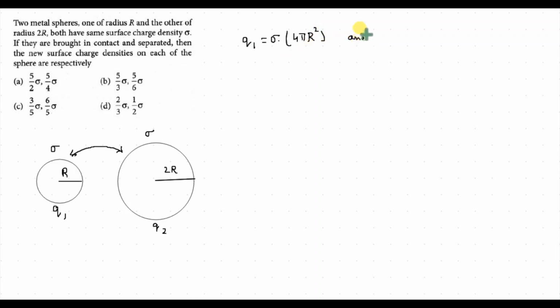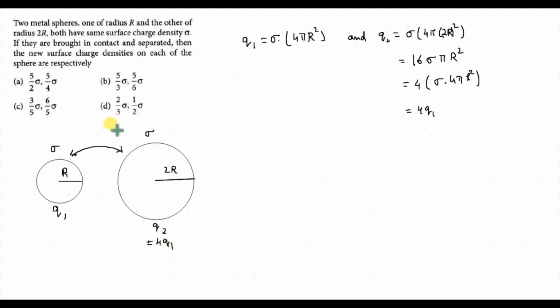The charge on the second sphere, q2, is sigma into 4 pi (2r) square, which is 16 sigma pi r square. This is 4 times sigma into 4 pi r square, which is 4q1. So this q2 is nothing but 4q1.